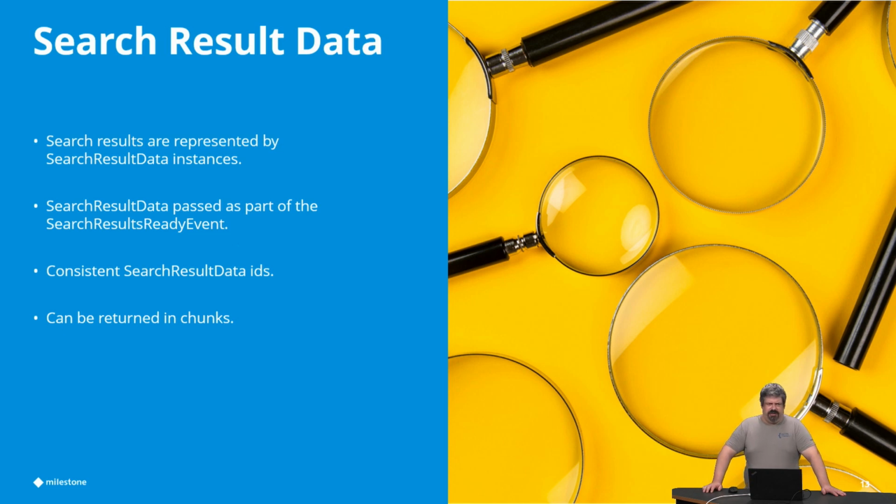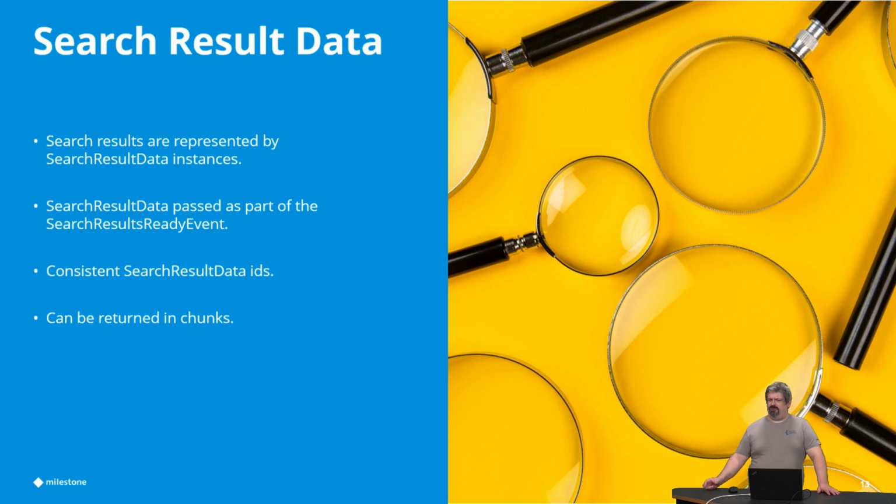Search results are represented as search result data instances. Search result data are passed on as an IEnumerable in your search results ready event. It's important to point out that each search result data will have an ID, and that must be reproducible.